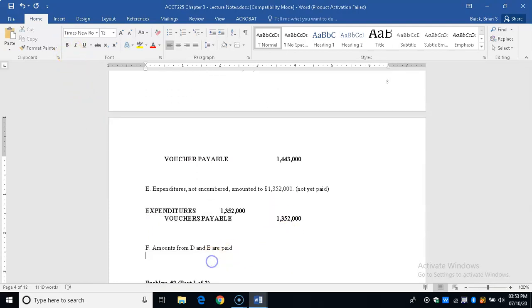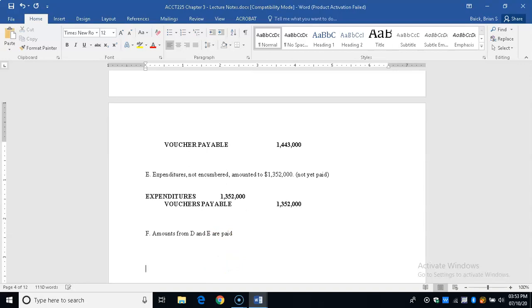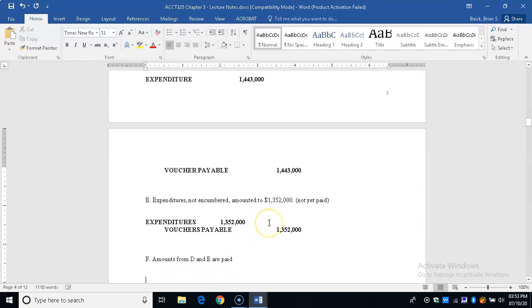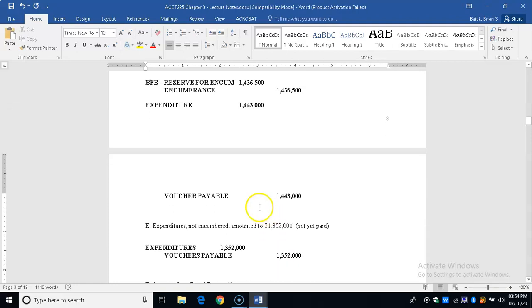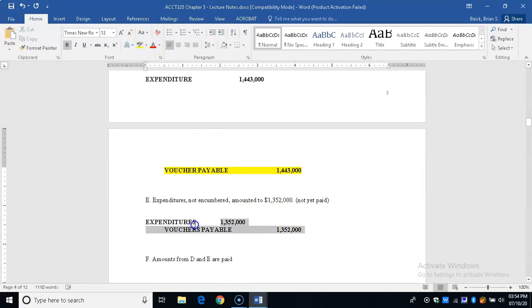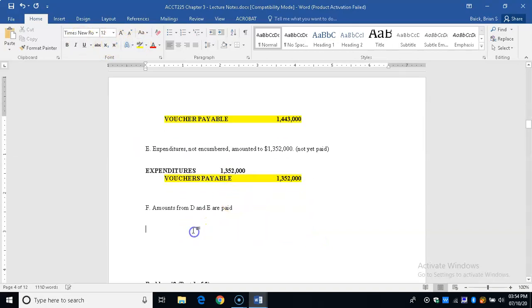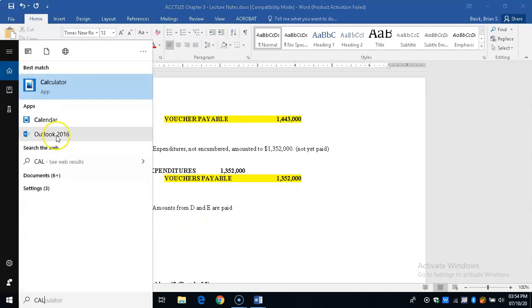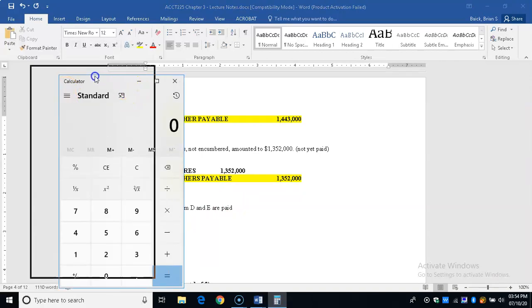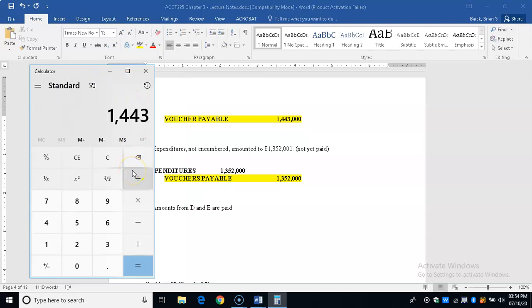Finally, what would you do when you pay the amounts in D and E? Okay, so how much payable do I have in D and E? In D, I have this much payable. And in E, I have this much payable. So how much do I have to pay? $1,443,000 plus $1,352,000, $2.795 million.